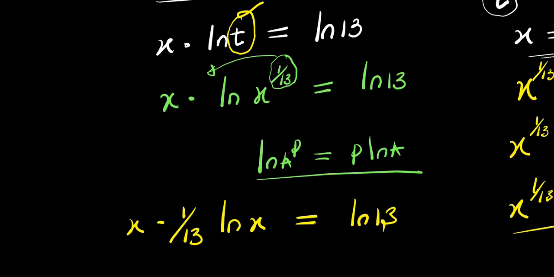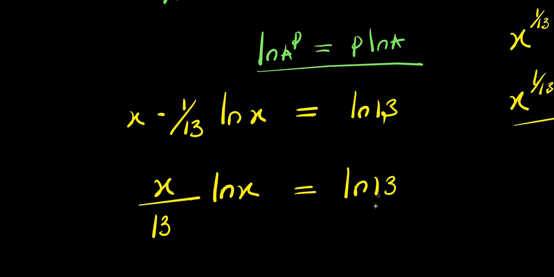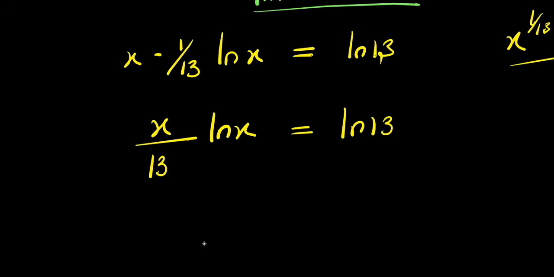So the next thing we are going to do will be to multiply this out, x times 1. That is x divided by 13 times ln x equals ln 13. So the next thing we are going to do will be to eliminate this 13.